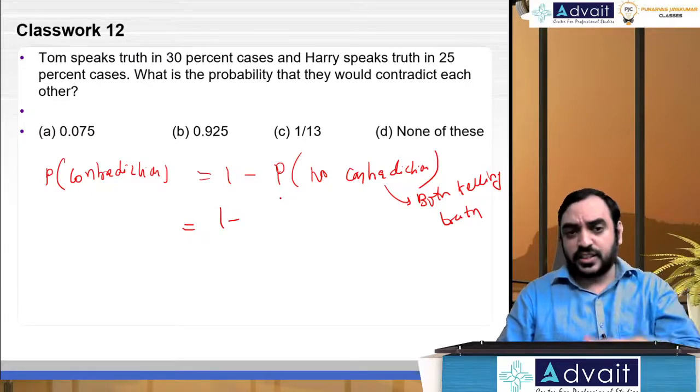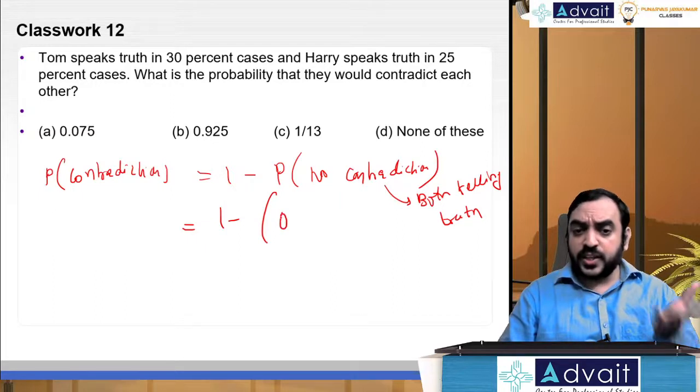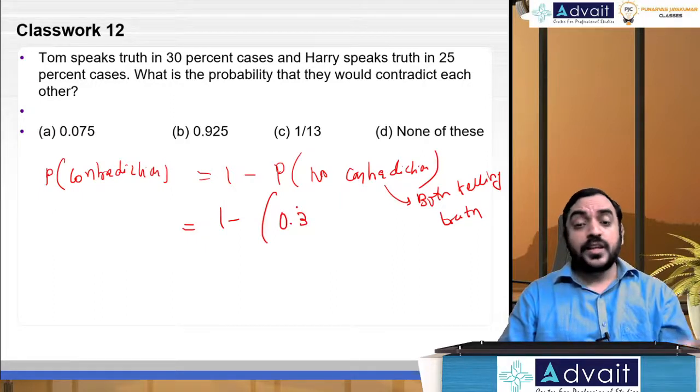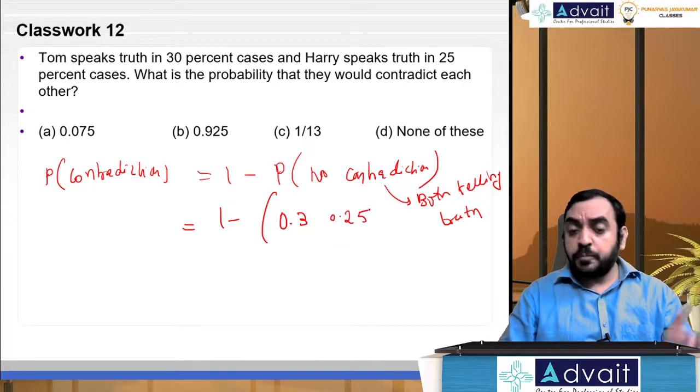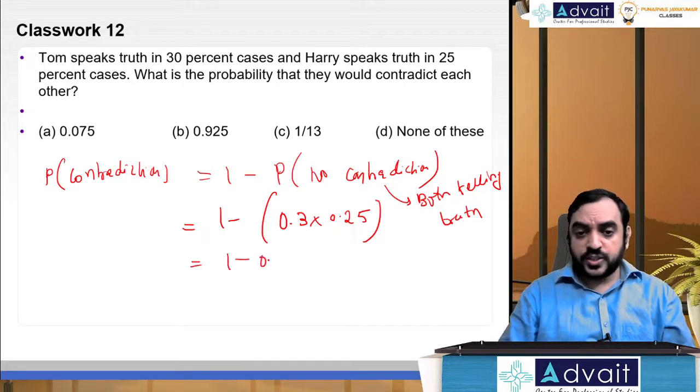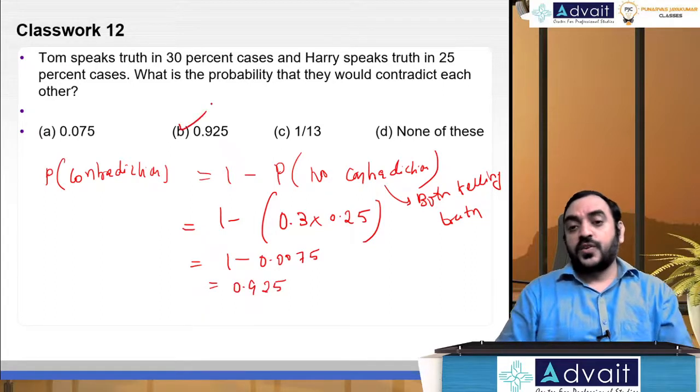That is the intersection. The first person telling the truth is 30%, 0.3. The second person telling the truth is 25%, 0.25. And both telling the truth simultaneously, you multiply for the intersection. So you get 1 minus 0.0075, you get 0.925. You see how quickly you got the answer.